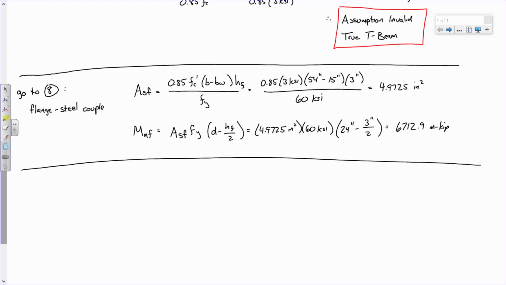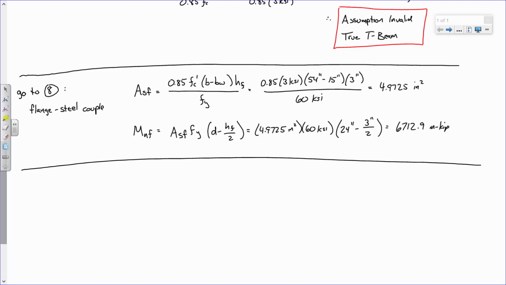If I give you this problem and I just say compute ASF and I don't ask you for anything else, you can do that. You just have to look at the beam and plug and chug. The same thing with MNF. So MNF is completely independent of whatever steel pattern we choose to put in the beam. So what we're doing is this. We compute MNF first. And then we look at step 9.